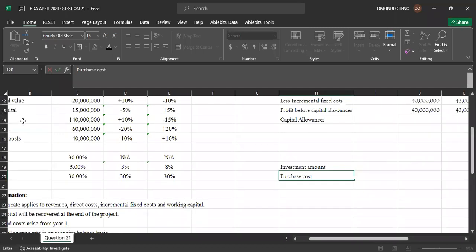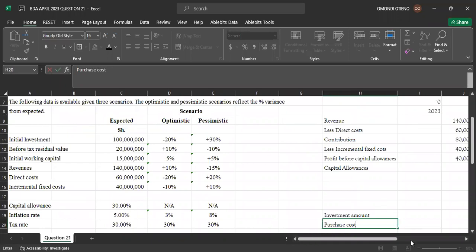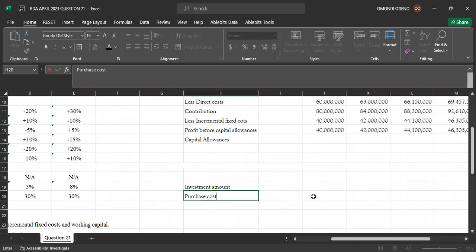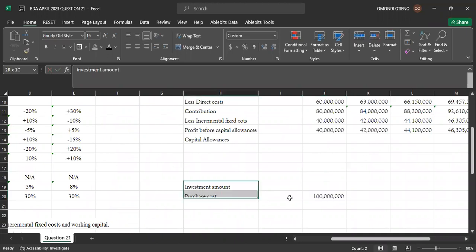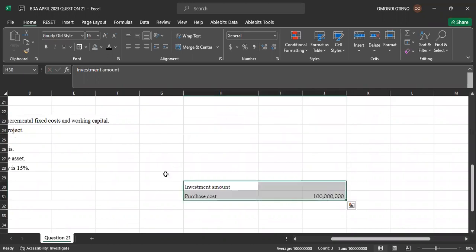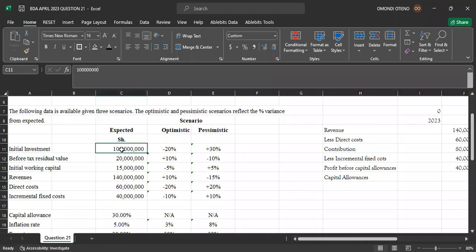The purchase cost is the amount which is directly given to us here as initial investment, 100 million. Let me just put it down here. That is what is given to us up here. The initial investment is 100 million.